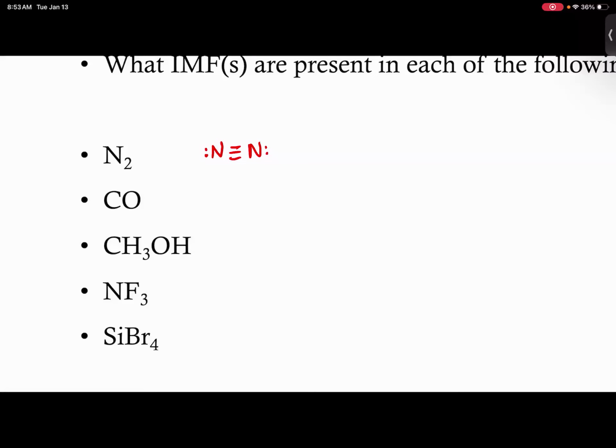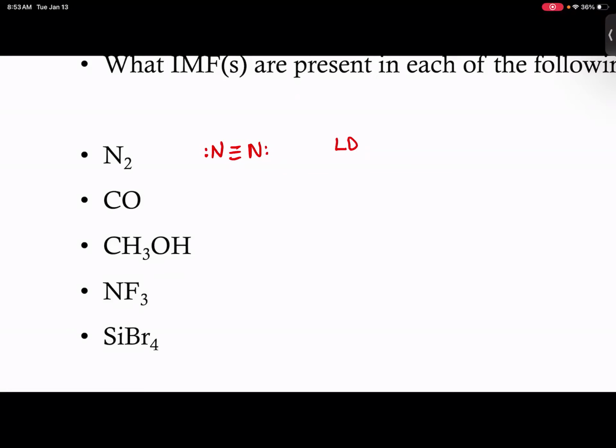What type of intermolecular force is this going to have? Well, it's going to have London dispersion forces because everything has London dispersion forces. But now what we really need to answer is, is this a nonpolar molecule or a polar molecule? Nonpolar because it's just the same element. Therefore, London dispersion forces is the only force that's going to be present.